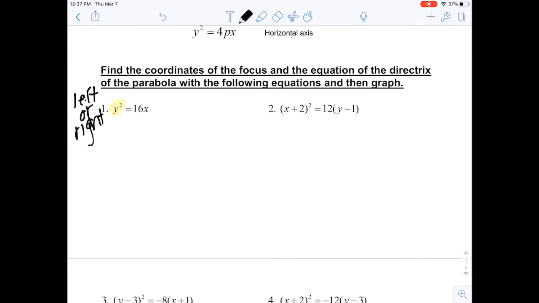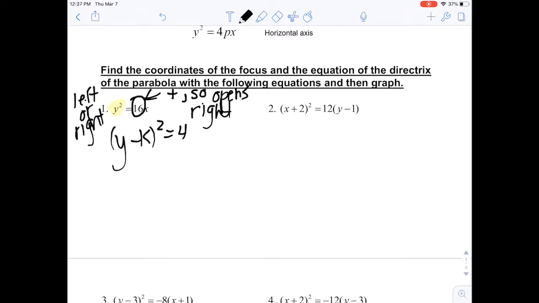Well, I'm going to look at this part right here, the 16. This is positive, so it's going to open to the right. Okay, so the general equation is y minus k squared equals 4p times x minus h.